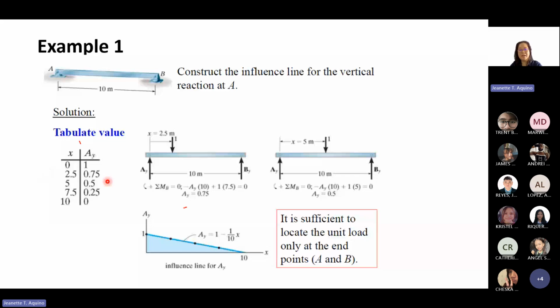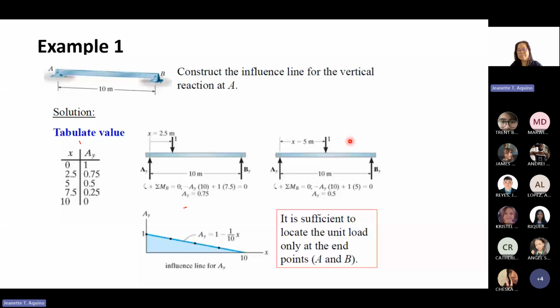Then if you put it at 5 meters from the support, you resolve it, take moment at B. So summation of moment at B equals 0. Counterclockwise is positive, so AY is going clockwise.